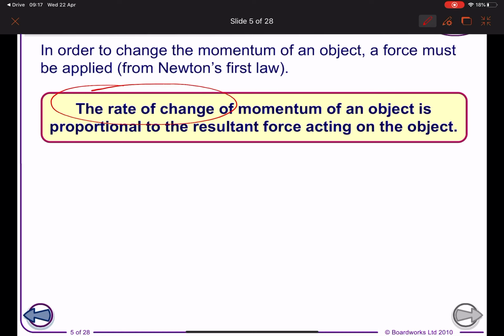If you had a car with the same momentum, you're sitting in it, and you change the momentum very quickly, so you hit a brick wall or something, you feel a very large force. So the amount of force we experience, or the object experiences, is proportional to how quickly you change the momentum, not just how much momentum it has, but how quickly you change it.